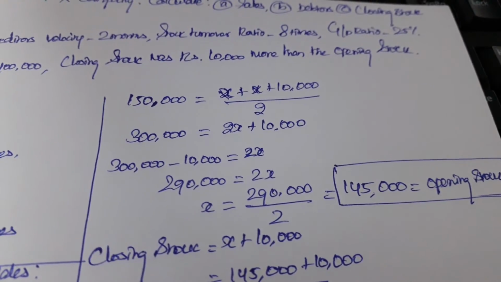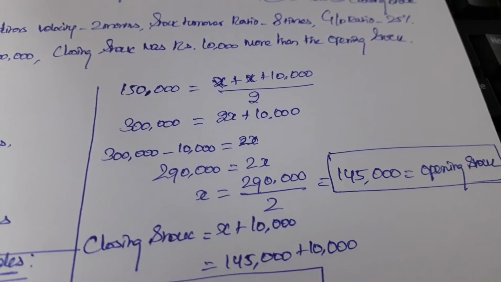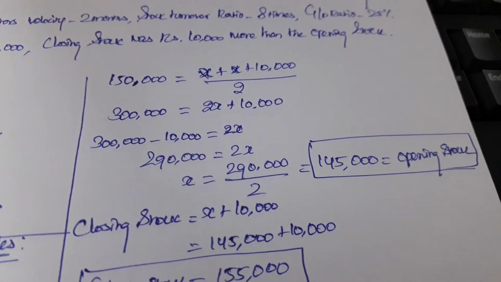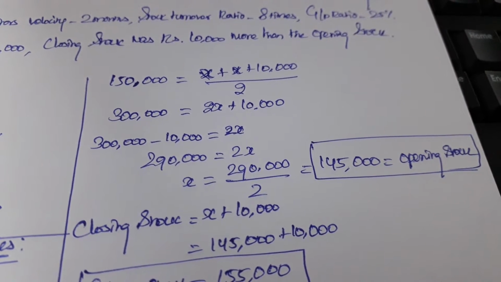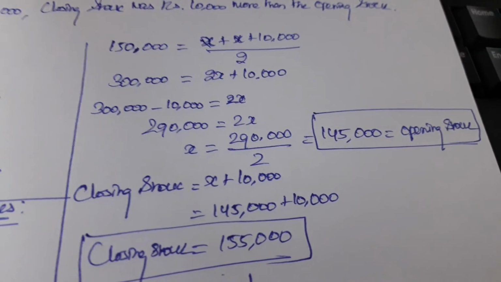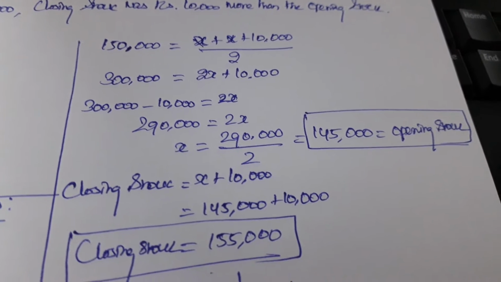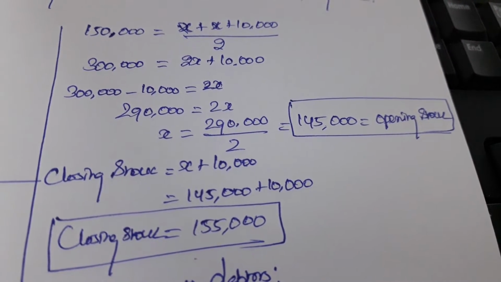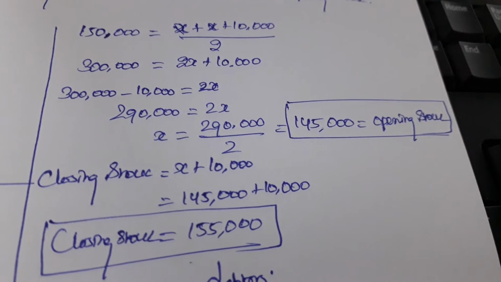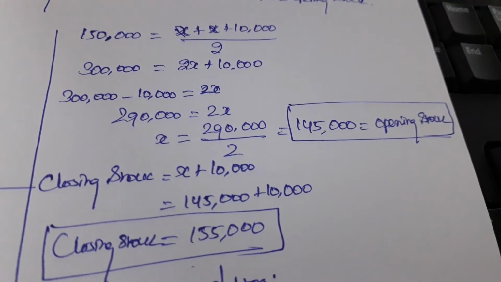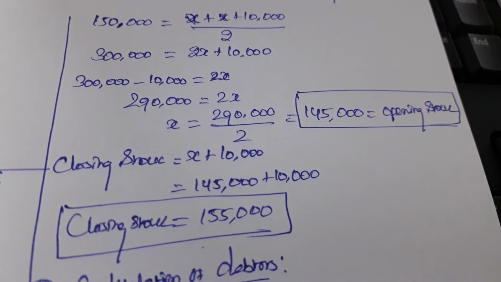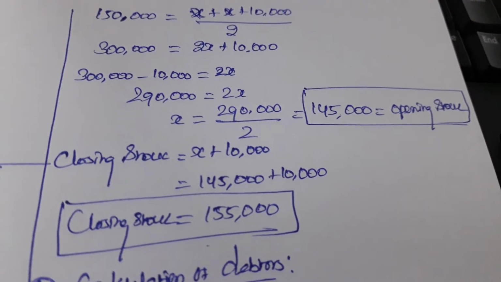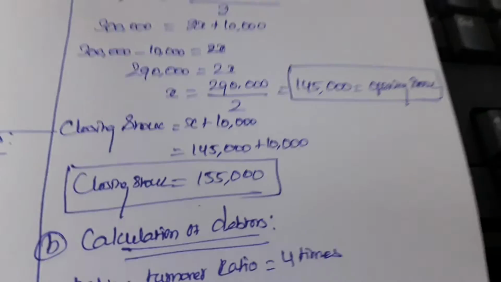If we cross multiply 2 into 1,50,000, we get 3 lakh, and 2X plus 10,000. If we simplify further, we get the X value as 1,45,000. We took X as opening stock, so the opening stock is 1,45,000.